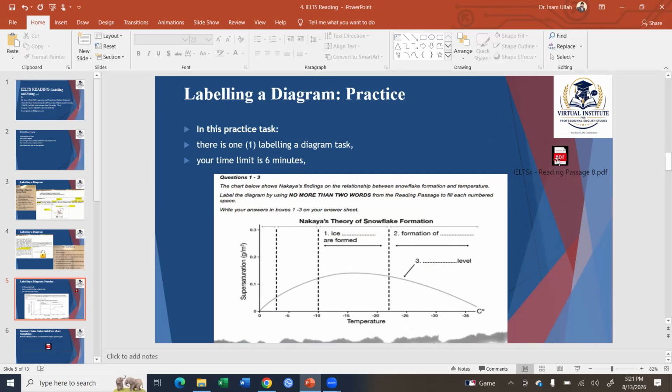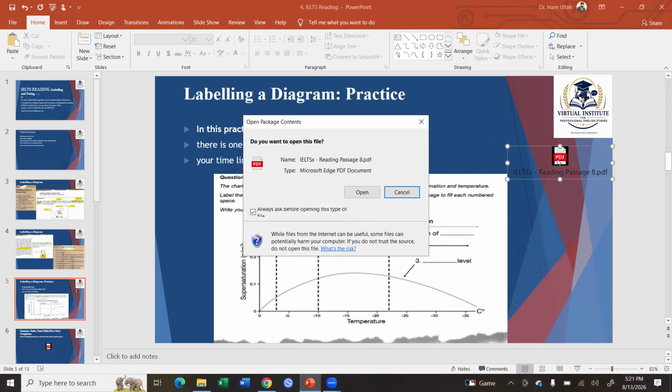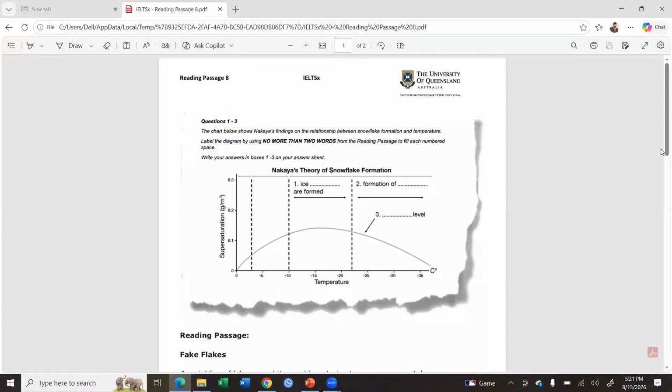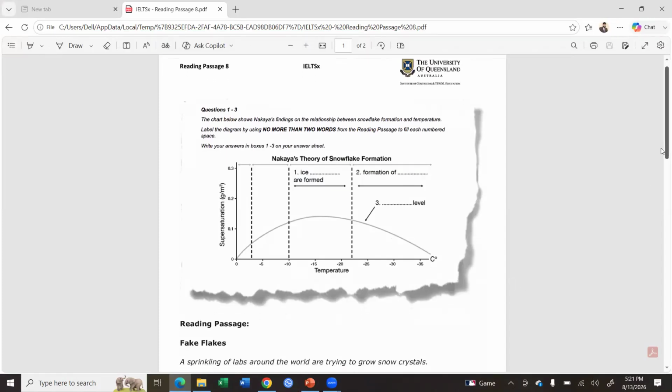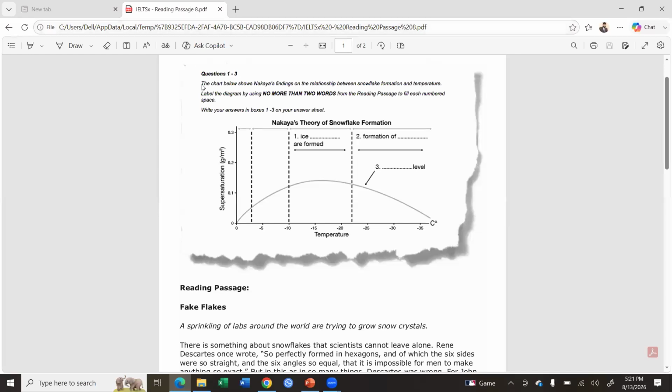Now let me open this passage for you. Here is the passage. The instructions are question numbers 1 to 3. The chart below shows Kaya's findings on the relationship between snowflake formation and temperature, right? So this is what the whole chart is all about.